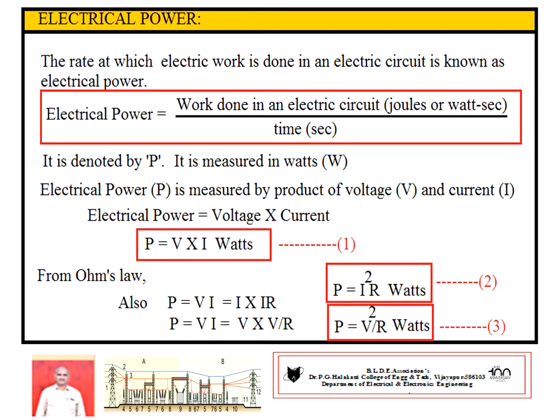That depends upon the given problem. Hence, remember all 3 equations. First is very common, power equals V into I, DC circuit only. Later on, power equals I square into R, and power equals V square by R watts.